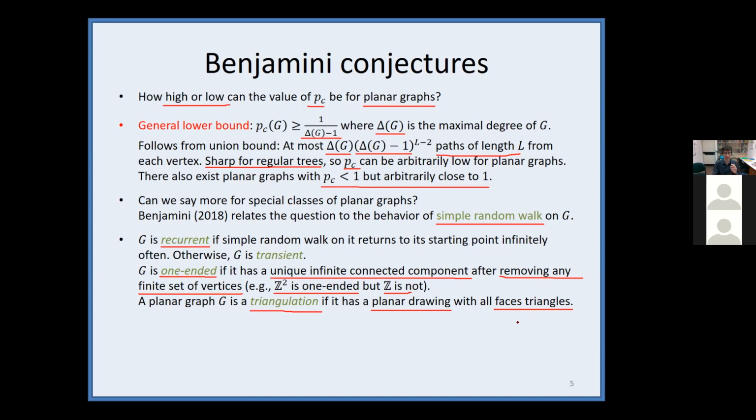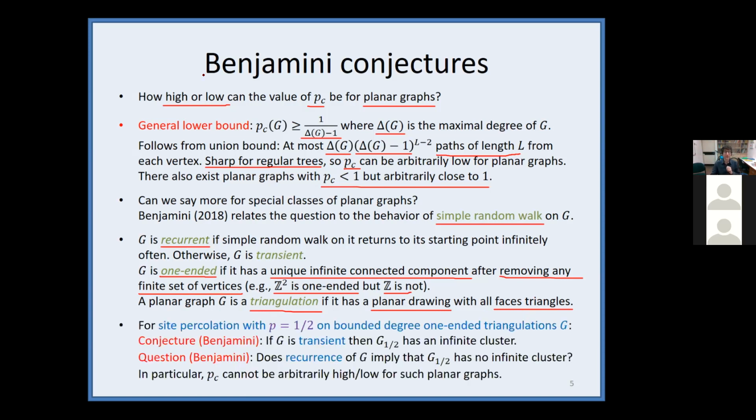All right. And then what are these Benjamini conjectures? Well, Benjamini conjectured in 2018 that when you do site percolation at parameter p equal a half exactly on a bounded degree, one-ended triangulation. Bounded degree means all the degrees of all vertices are at most some number that depends on the graph, but doesn't depend on the vertex.